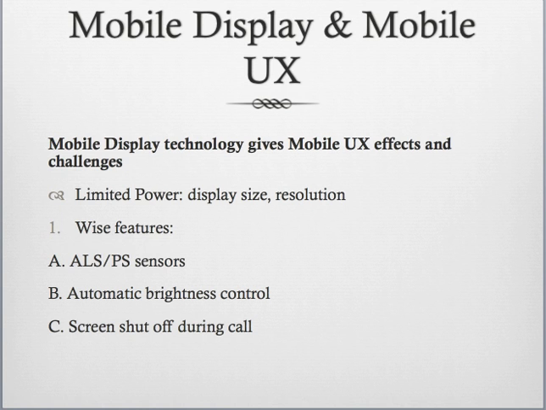we have some solutions for this. First, we can use ALS or PS sensors to help a little bit, because those sensors are used to adjust the display luminance, which is automatic brightness control.